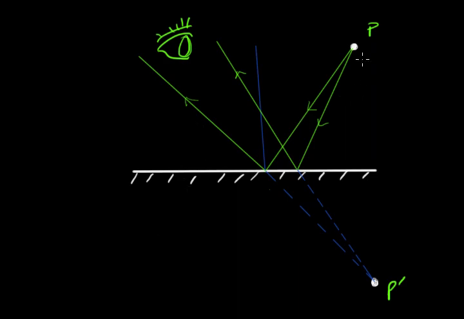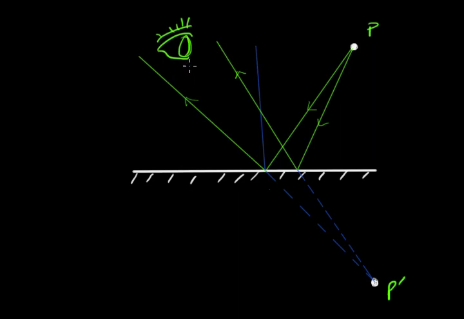In this case, P is the object or the source, and the rays coming out of the source are these rays, and they are reflected from the plane mirror at this point and creating an impression to the observer. And what the observer sees basically is the point P, which is at that point.